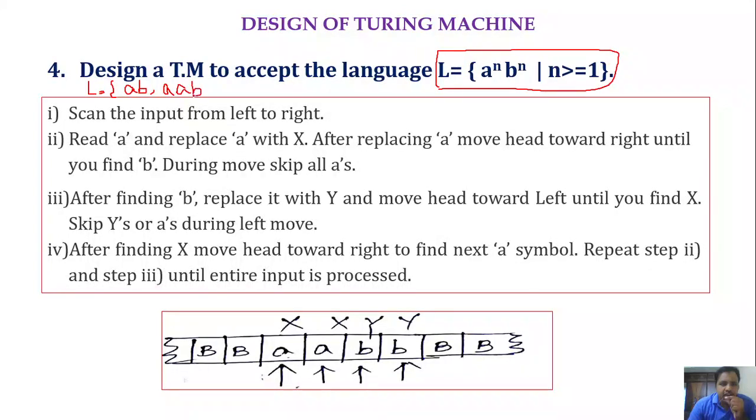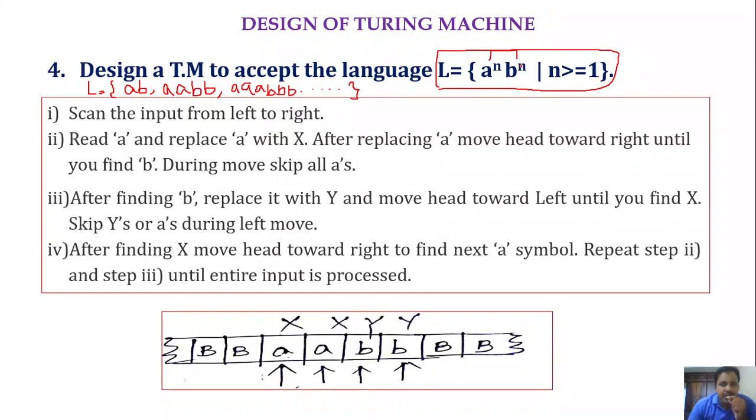And if you take n value equal to 3, then you get a cube b cube. That means 3 a's followed by 3 b's. Likewise, you can generate the set of strings that belong to this particular language. If you observe this language, the number of a's and the number of b's must be the same.